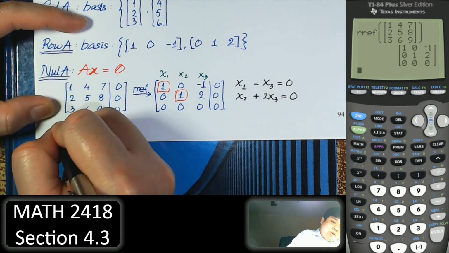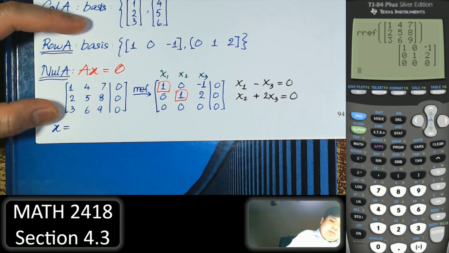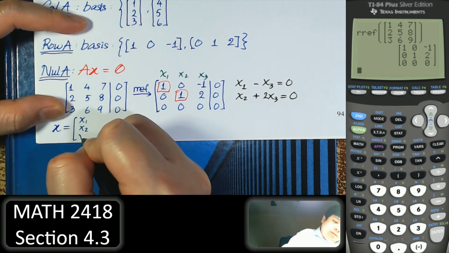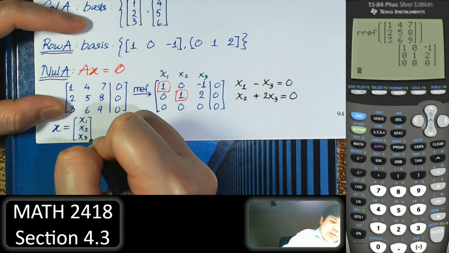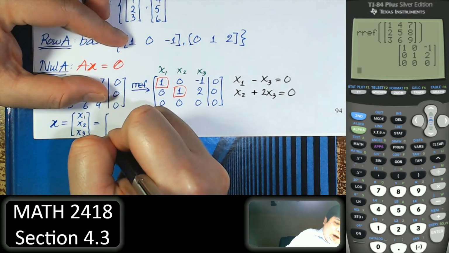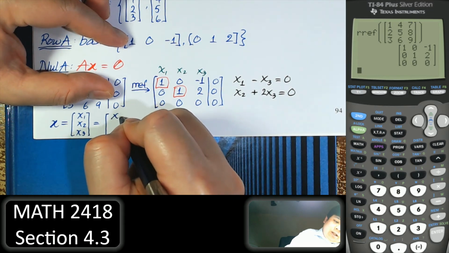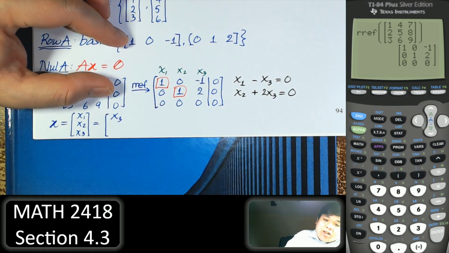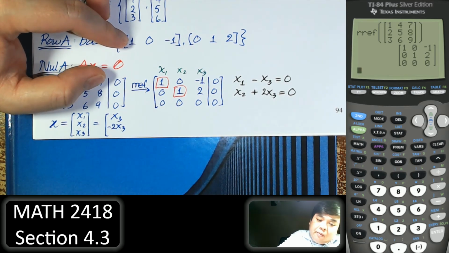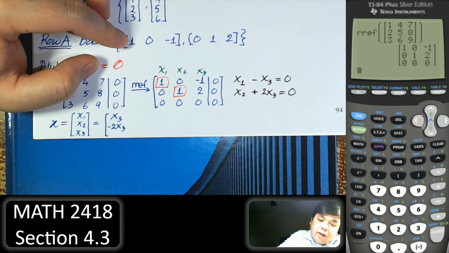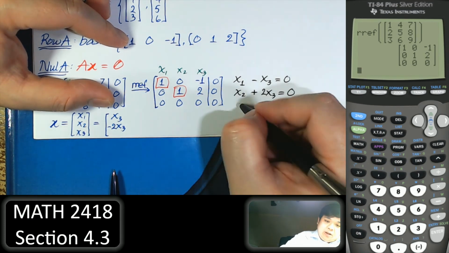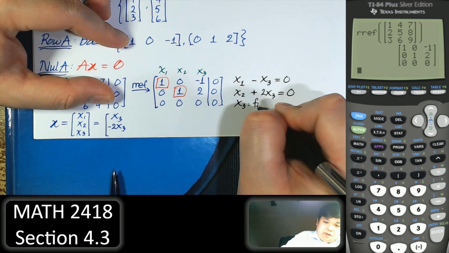So when we write the solution, x1 is equal to x3, x2 is negative 2x3, and x3 is free.